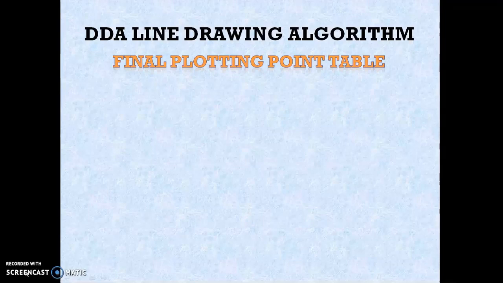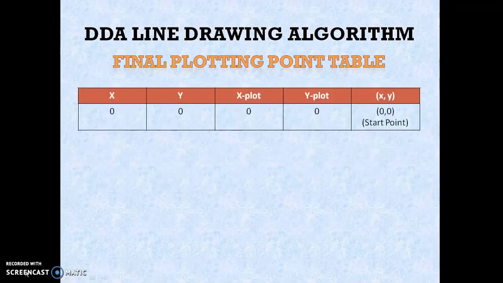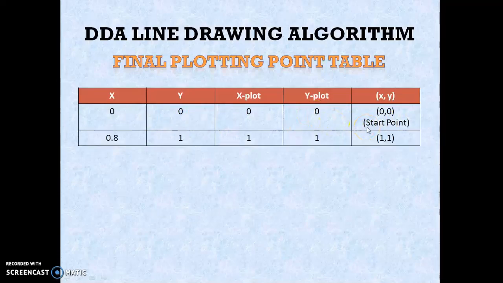Now we are preparing the final floating point table. See here, the initial values of x and y are 0, 0. It is known as the starting point. So the very first point is 0, 0.